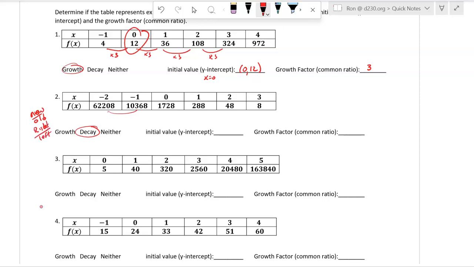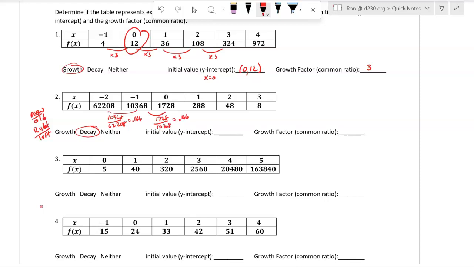over left. So if I take 10,368 divided by 62,208, I would get the decimal 0.166 repeating. If I were to do right over left again, 1728 over 10,368, I would get 0.166 repeating again.